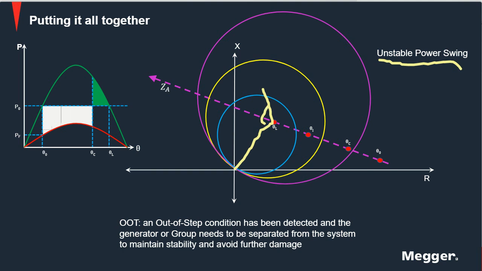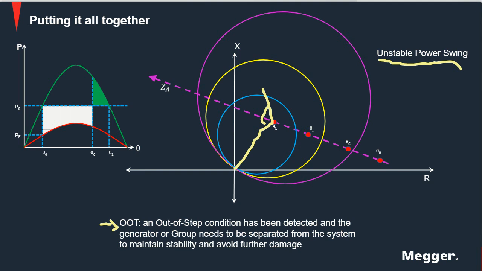Now, for an unstable power swing, we do want to declare something called an out-of-step condition. When you detect an out-of-step condition, then you want to either trip that generator or trip in a place in the power system where tripping actually makes things better.